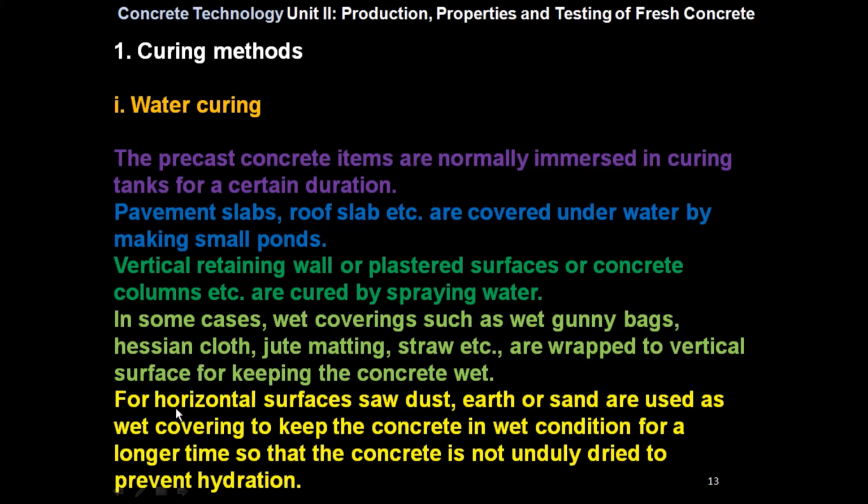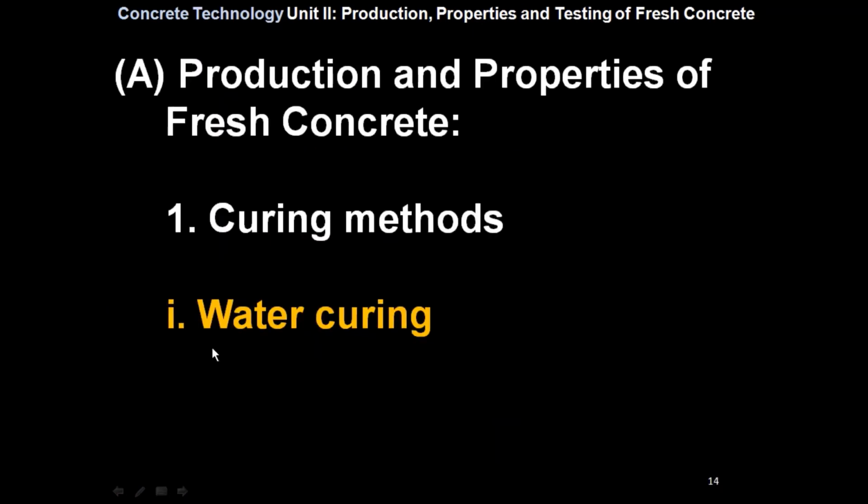For horizontal surfaces, sawdust, earth or sand are used as wet covering to keep the concrete in wet condition for a longer time so that the concrete is not unduly dried, to prevent loss of hydration. So we have seen the first curing method, that is water curing.